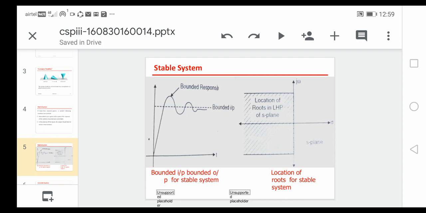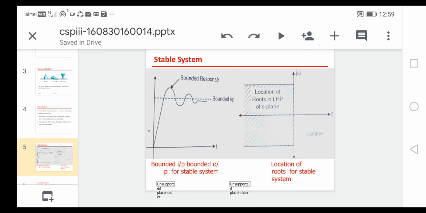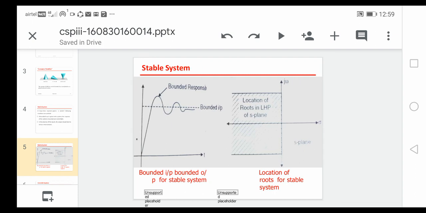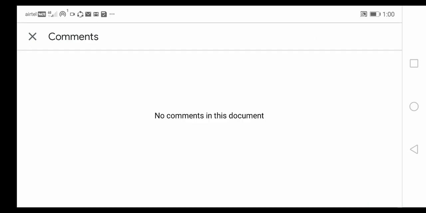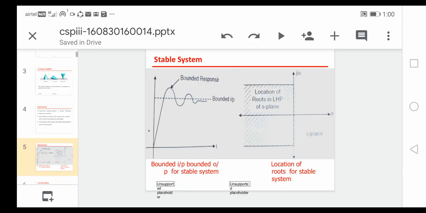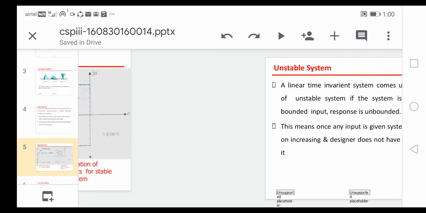Here, if the poles, the location of roots, are in the left half of the S plane, in this case all the poles will be on the left half of the S plane, so the system is stable.